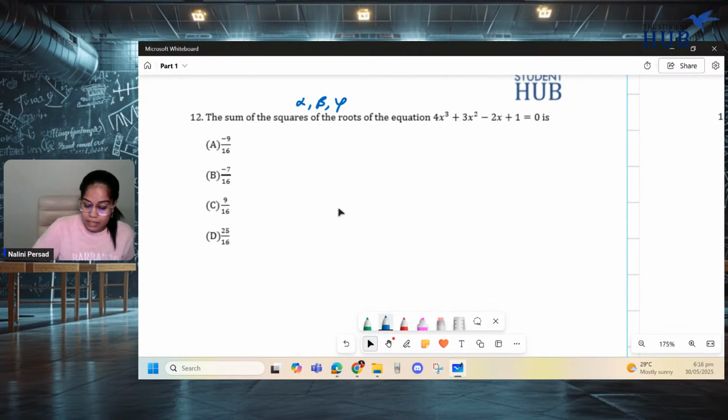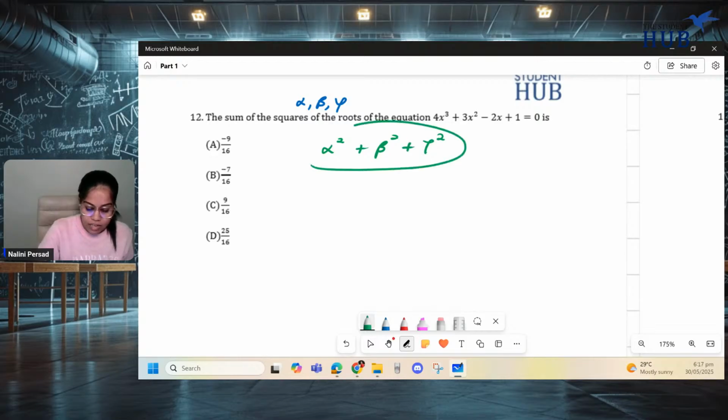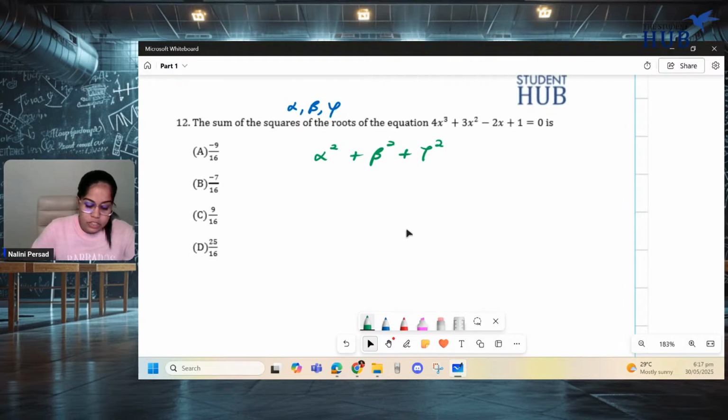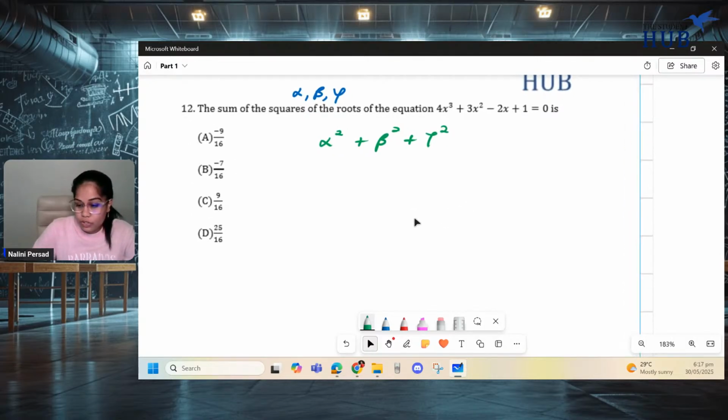In mathematics, that means the squares are alpha squared, beta squared, gamma squared. Sum means to add. I want a value for alpha squared plus beta squared plus gamma squared. So I need some sort of formula. If it was paper 2, they would have helped us out and given us the formula, but let me show you guys how you come up with it on your own.